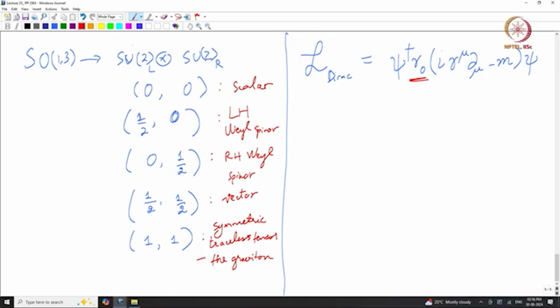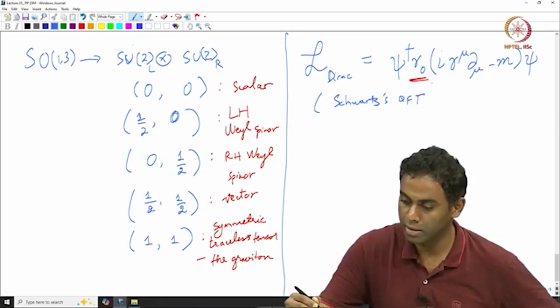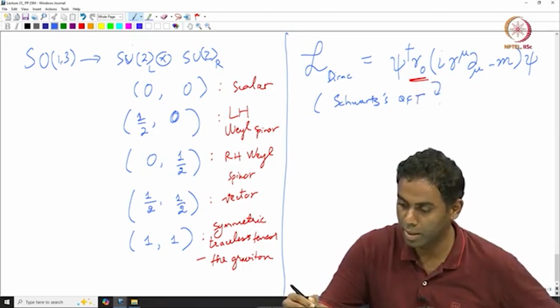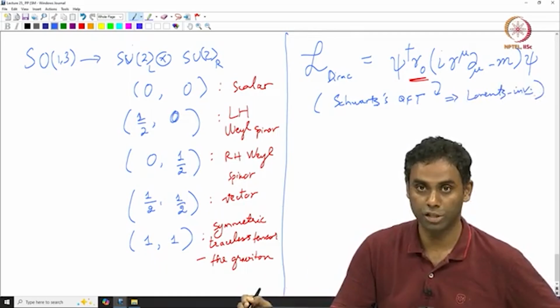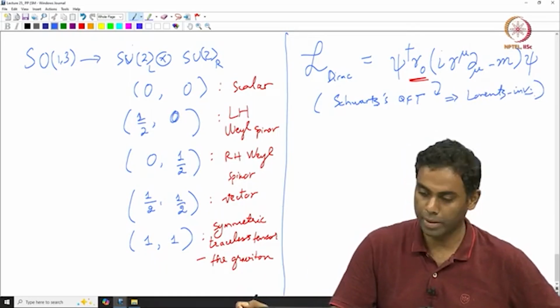Without the gamma naught, it turns out you cannot construct a Lorentz invariant Lagrangian. I refer you to any number of textbooks, but take for example Schwartz's QFT textbook, where you can see that when spinors are involved, you need the gamma naught to get Lorentz invariance in the Lagrangian. Okay.